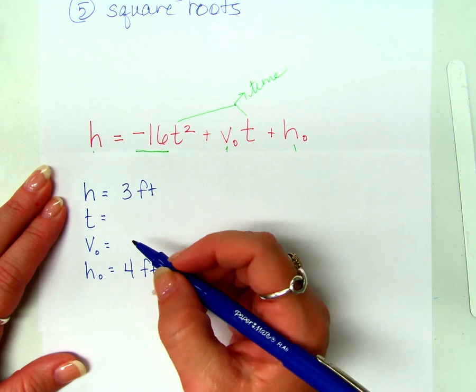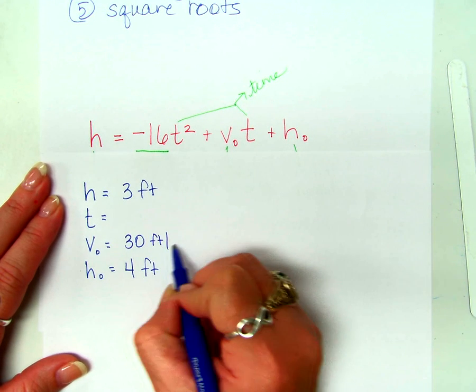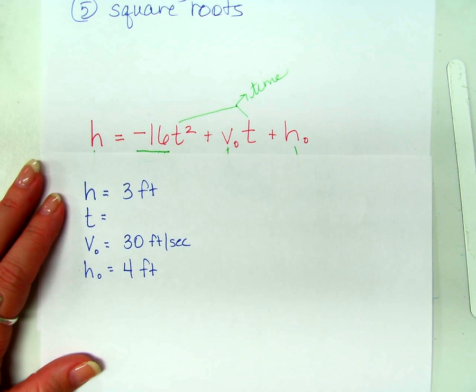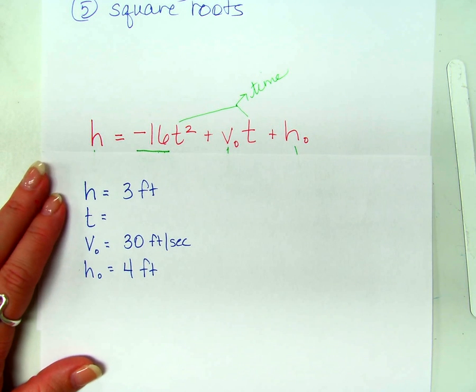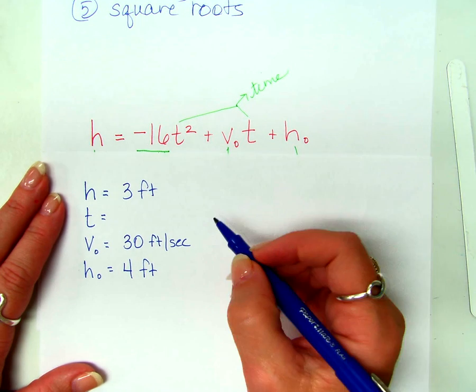I might have said meters, I'm sorry. Get distracted by that sometimes. 30 feet per second when it left the juggler's hand. So what do you think the question is going to ask you in this problem? The question is going to say time? What's the question? How long was the ball in the air? You okay with that? Okay.